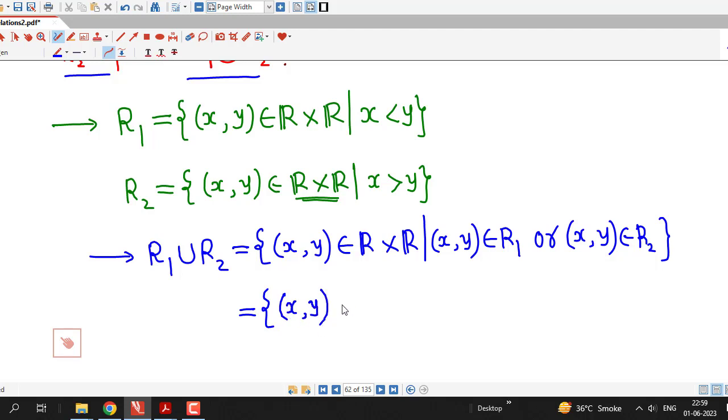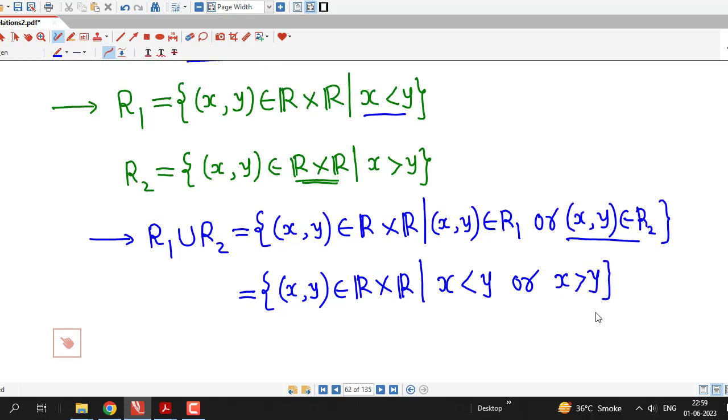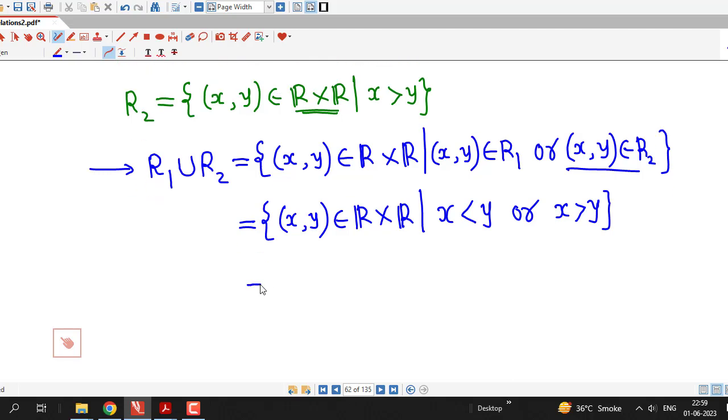Now for ordered pair (x, y) belongs to R cross R such that if (x, y) belongs to R1, then it satisfies this condition, x is less than y, and if (x, y) belongs to R2, it satisfies this condition, x is greater than y. This means either x is less than y or x is greater than y.